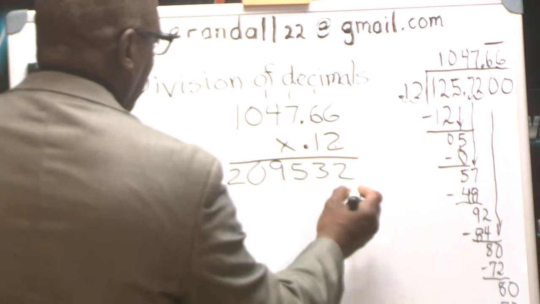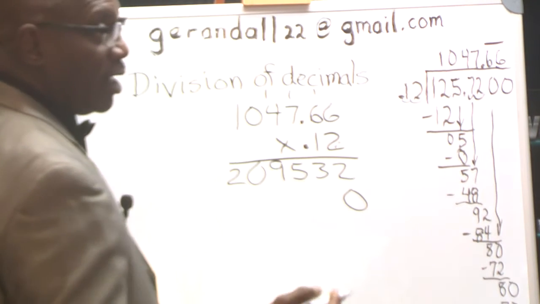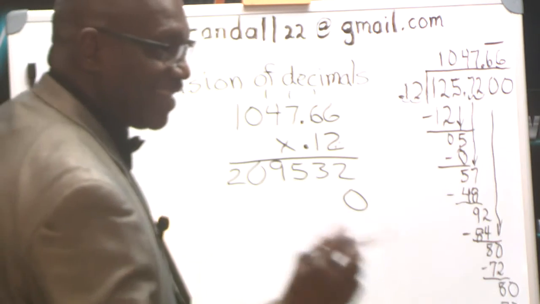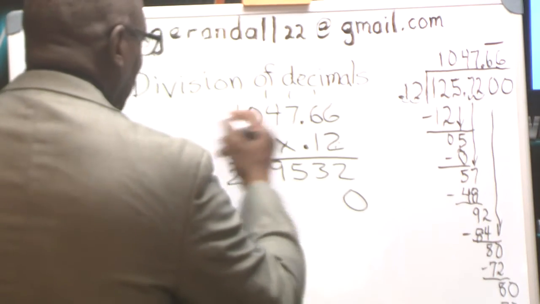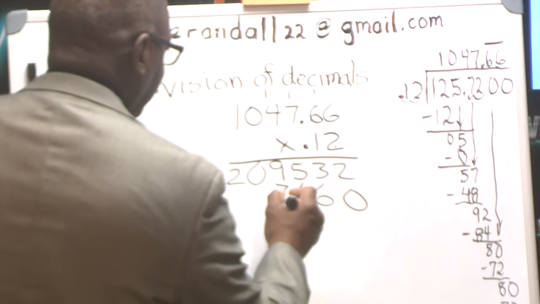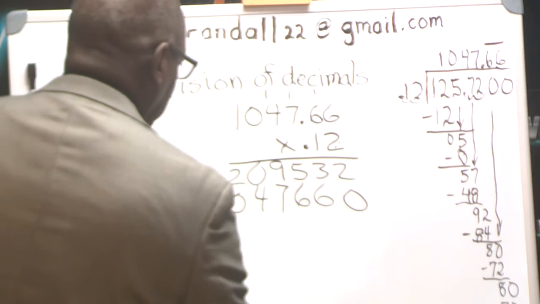We put a 0 here, getting the right place value. And as I often said, 1 times anything is that thing. So 1 times all of this: 6, 6, 7, 4, 0, 1.